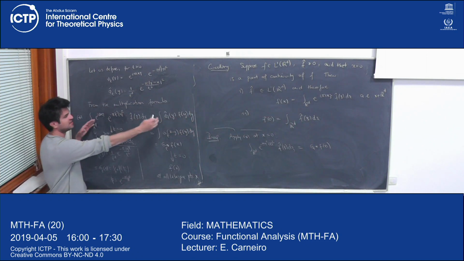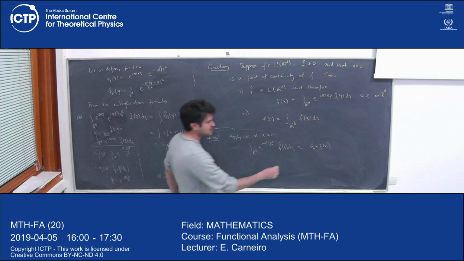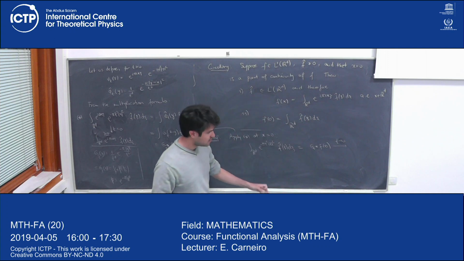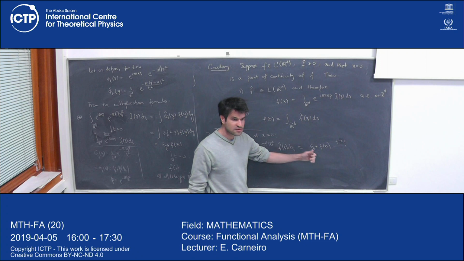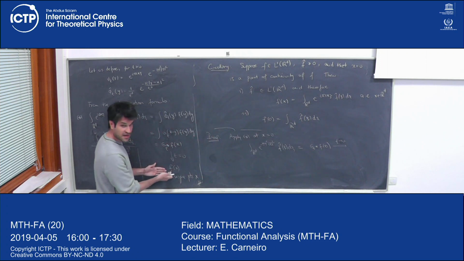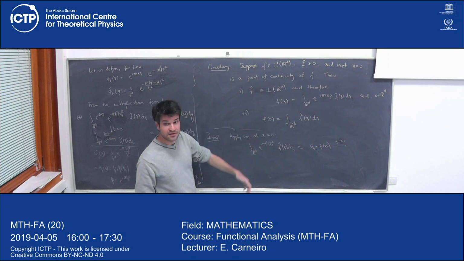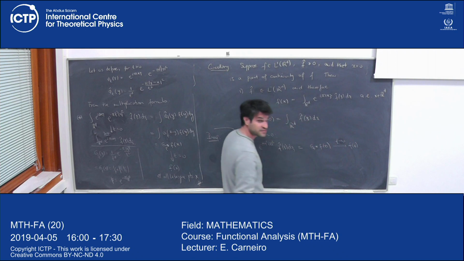Applying this identity here at x equal to 0, you already know that when you send t to 0, this side here converges pointwise to f of x at all the Lebesgue points. But I'm assuming that 0 is a point of continuity of f, therefore a Lebesgue point, so this will certainly converge to the value f of 0.